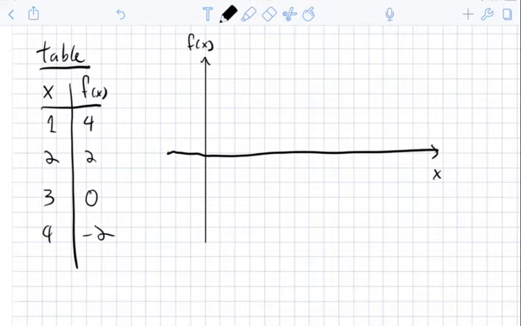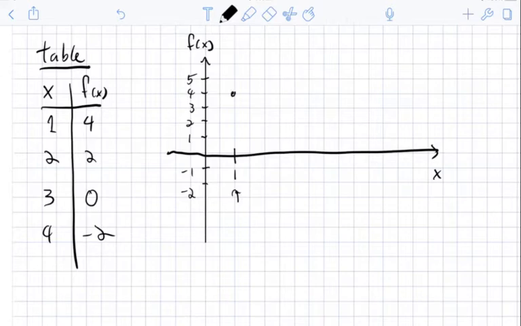So you go, well, at 1, this has value, hold on, let me set my axes. All right, 1, 2, 3, 4, 5, minus 1, minus 2. To graph this function, to represent this table as a graph, you'd say when x is equal to 1, y is equal to 4.